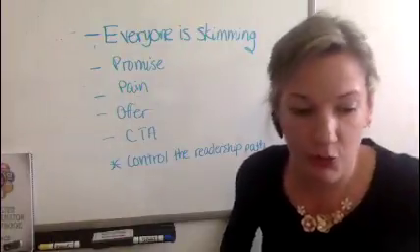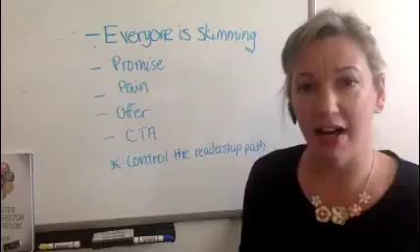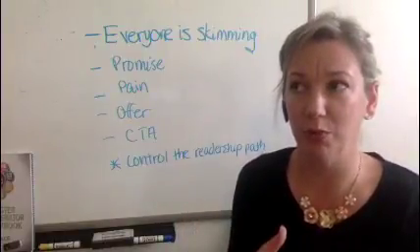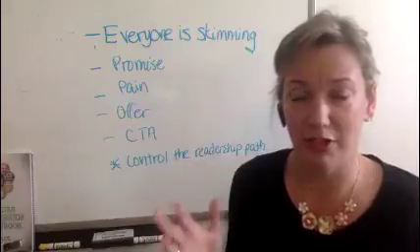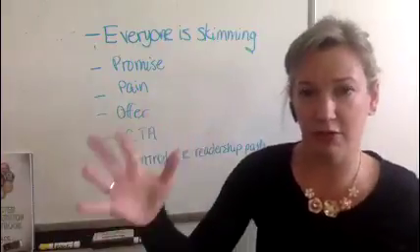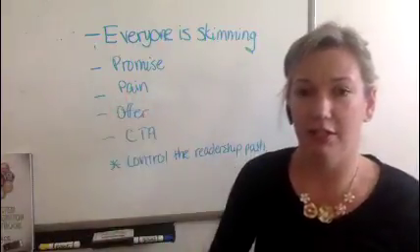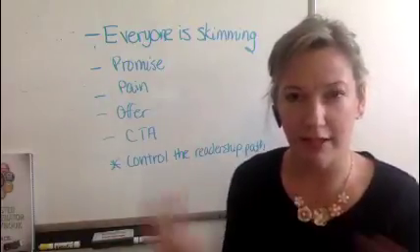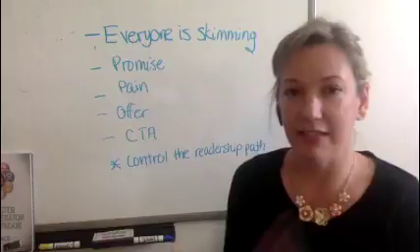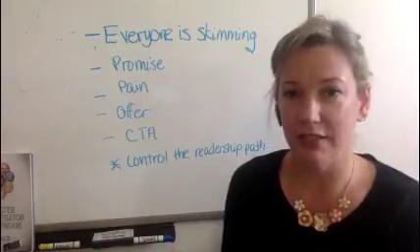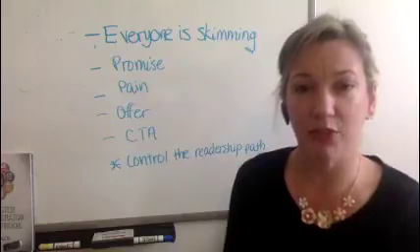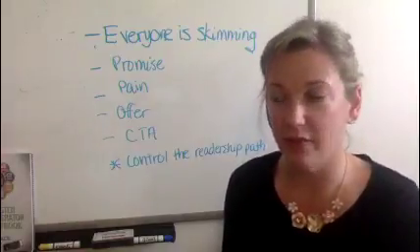So, the dual readership path is not about bolding and using color on some words here and there to make the page more interesting to look at. That's not what it's about. Instead, what it is about is everyone is skimming. So that means that there are actually two paths that a reader can take.